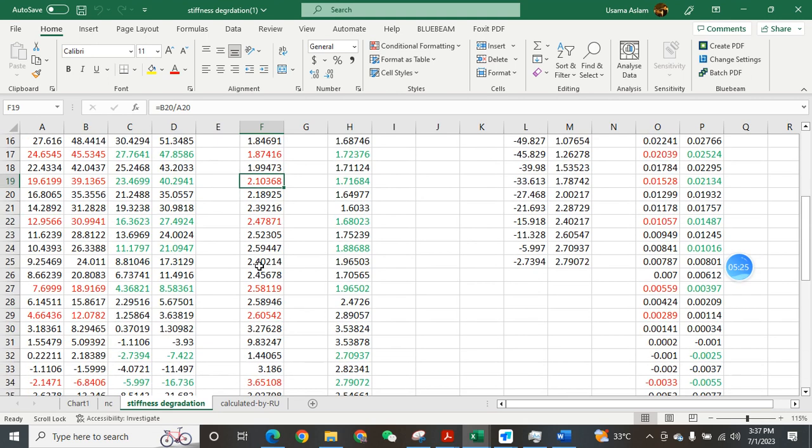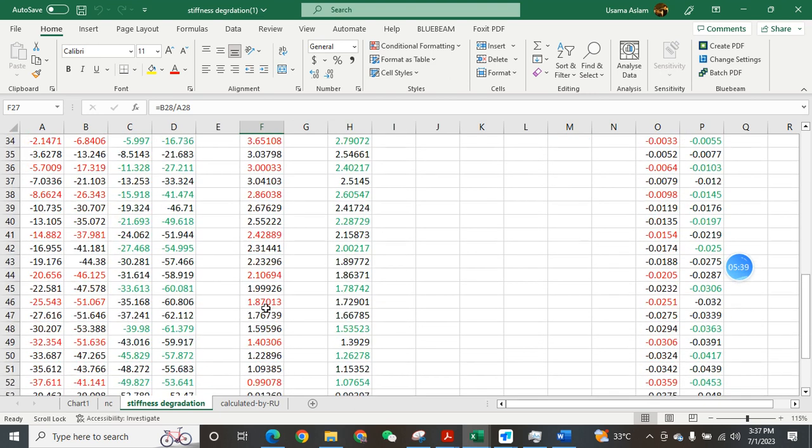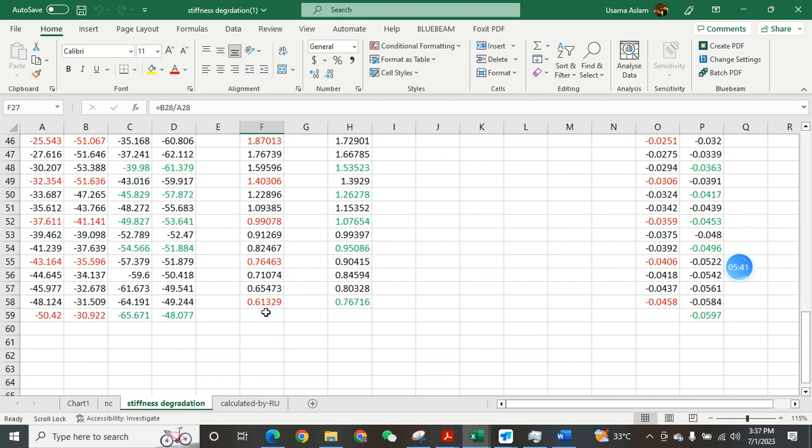You can also choose any of these. I just chose them for a smooth curve, and then 0.5, nearly 1, and then it is the same in the minus direction. This is how you calculate the K1.